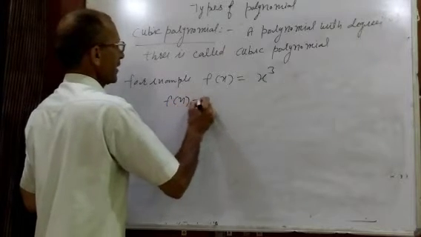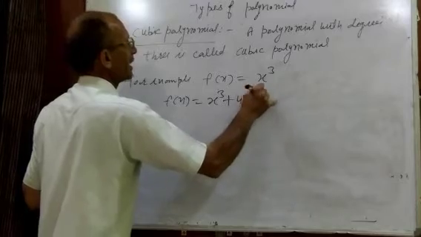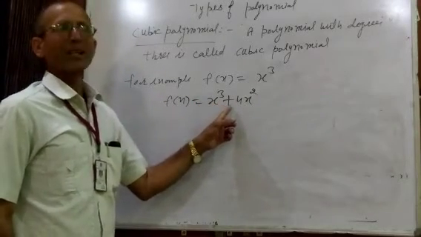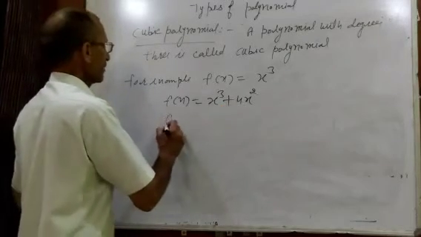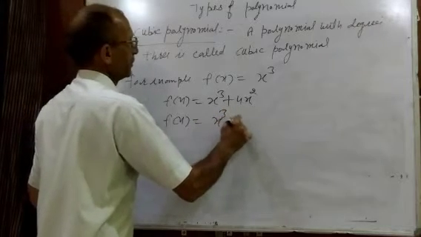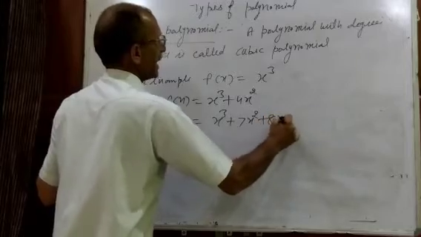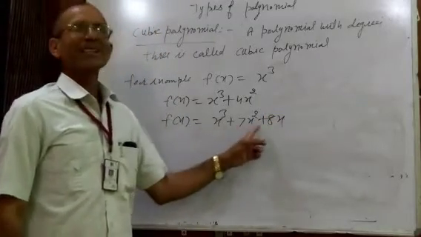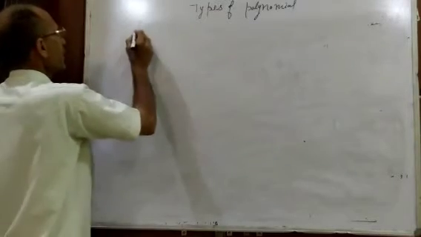Second, f(x) is equal to x cube plus 4x square, a cubic polynomial with two terms, a binomial. f(x) is equal to x cube plus 7x square plus 8x is a cubic polynomial with three terms, a trinomial.